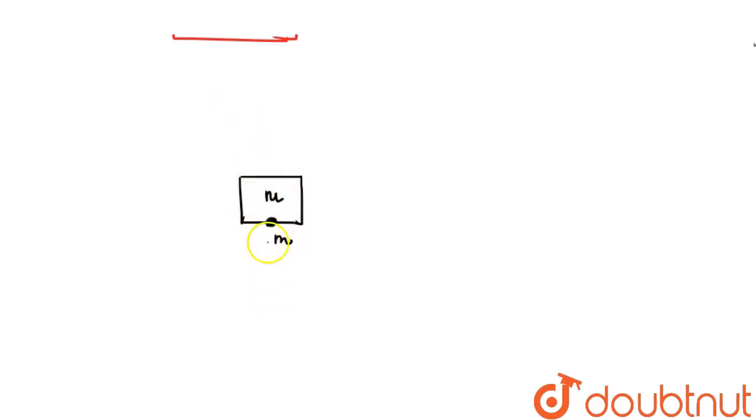After the bullet hits with its velocity u, the block will move somewhat over here, with its total mass now 2m. The velocity with which it moves up, let's call that v, and after some time this block of 2m will come to rest. Let's call that final velocity v dash, and that will be equal to 0.